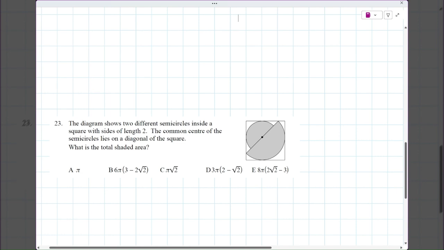Our geometry question. So another senior maths challenge question, which you're unlikely to see something exactly like this in TMUA, as I've said before, but the skills required to do these questions are very, very useful. Again, anything with a circle, it's worth drawing radii in at points of interest.